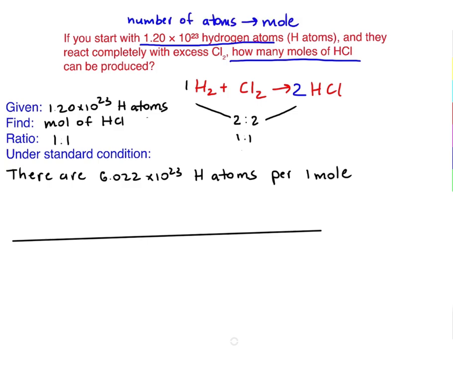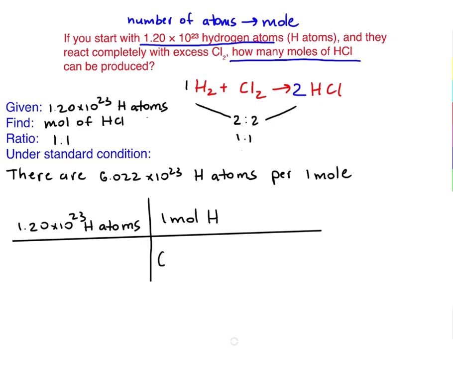Okay? So we're gonna go ahead and compose the math, the solving. So first you need to write, of course, the given. What's given is 1.20 times 10 to the 23, and these are H atoms. So go ahead and also write the units. And then the next thing you gonna write, I apologize, not the ratio, but the standard condition.